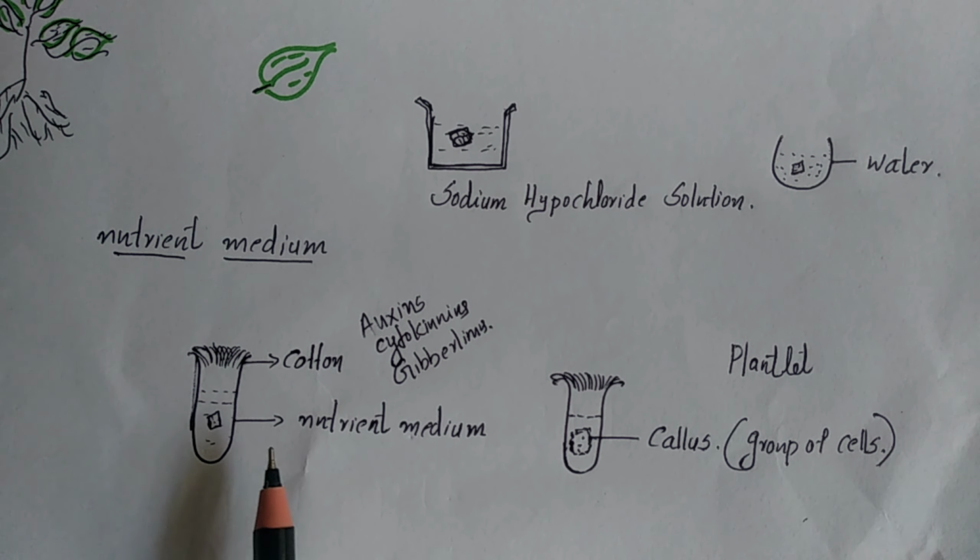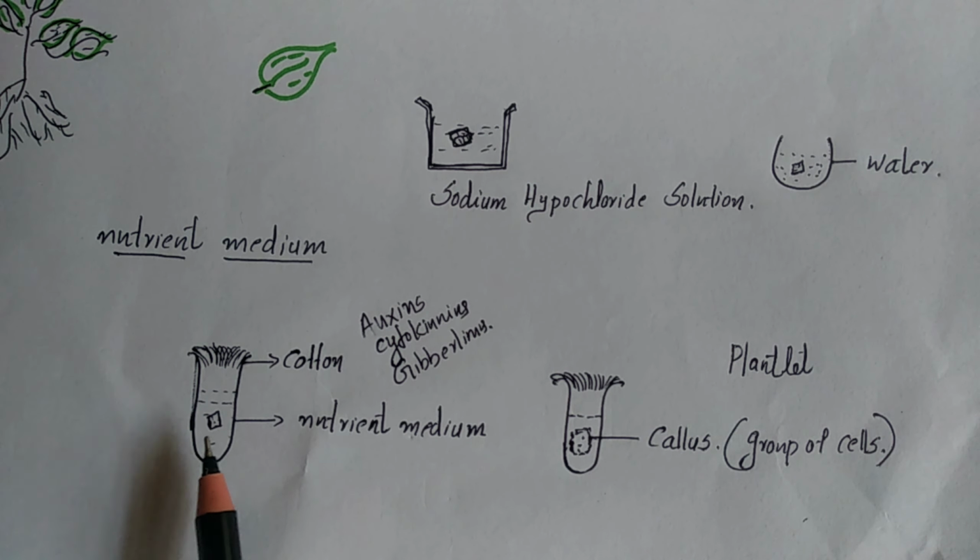Thereby, with the help of this nutrient medium, the cell which is placed inside the test tube will grow rapidly. It will undergo cytokinesis and karyokinesis. What do you mean by cytokinesis? Division of cytoplasm is called cytokinesis and the division of nucleus is called karyokinesis. So the cell will undergo rapid division.